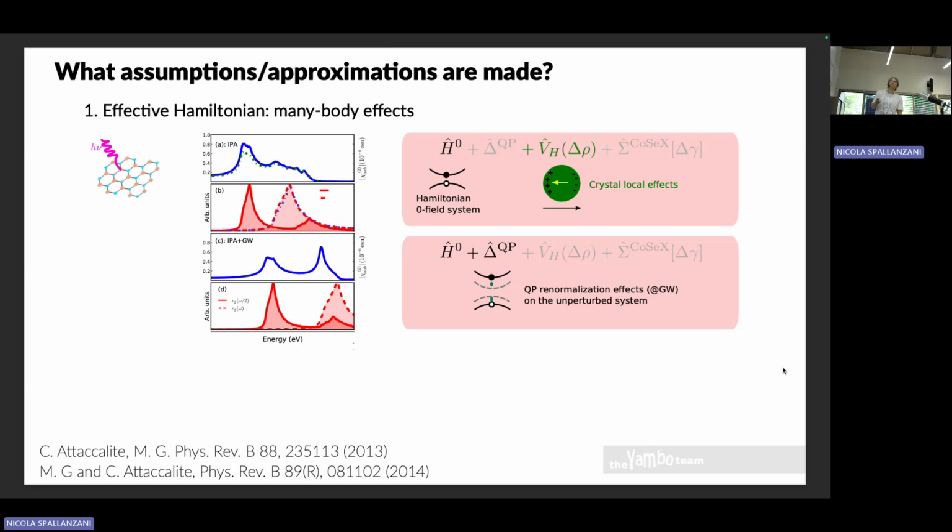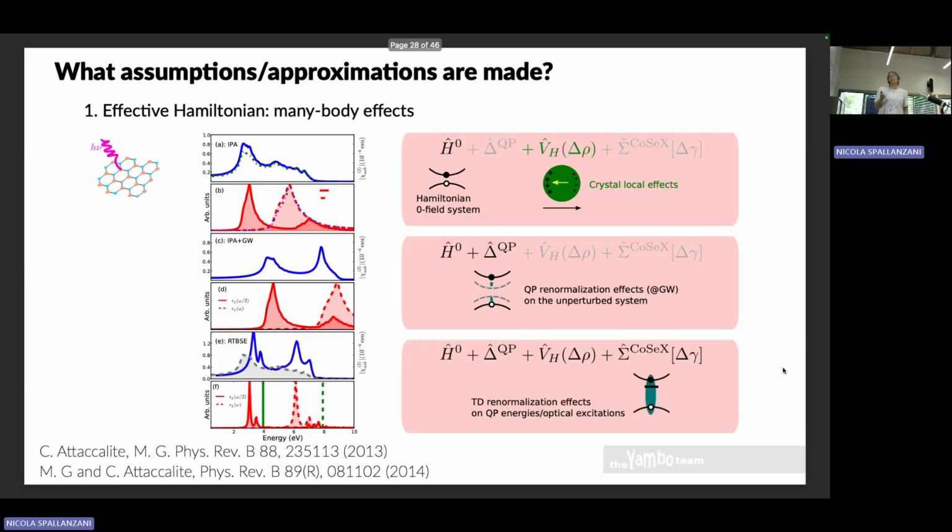So you will see a strong renormalization of the peaks, and you may also have resonances between poles at first and second order, and so you have this peak up in here, which you wouldn't expect. So it's not a simple shift. And then finally, we can have all contributions together, the equivalent of the Bethe-Salpeter equation for the dielectric function.